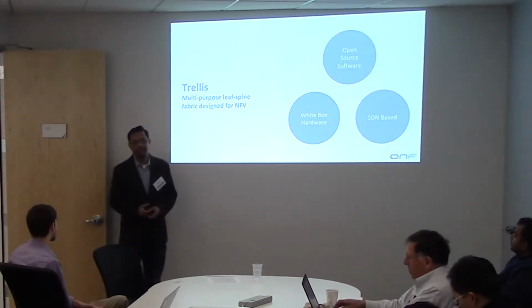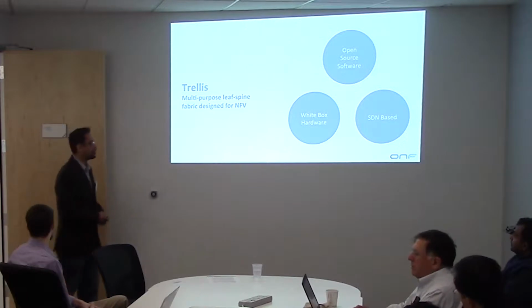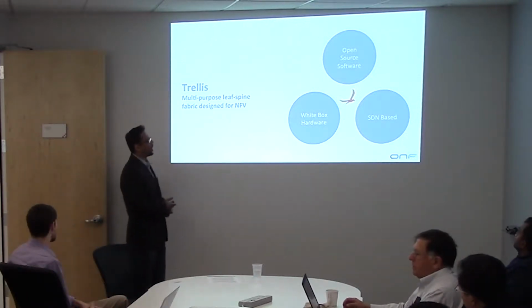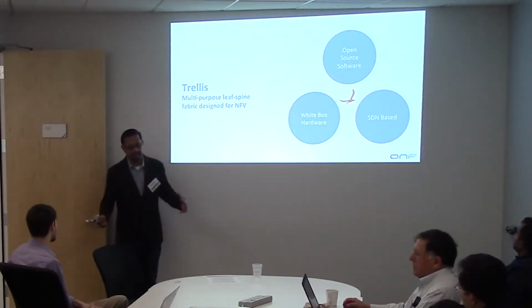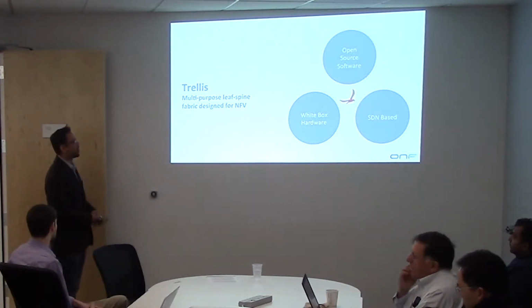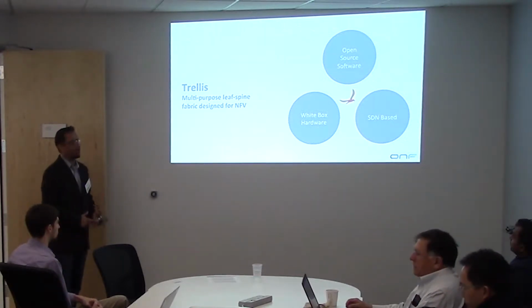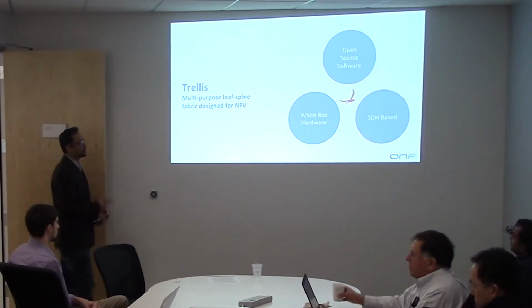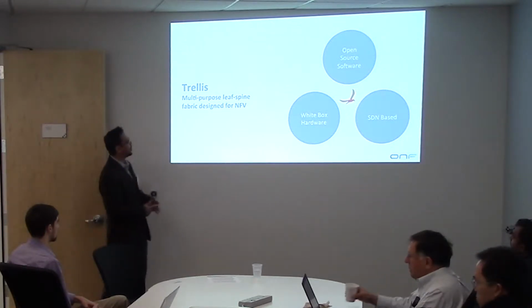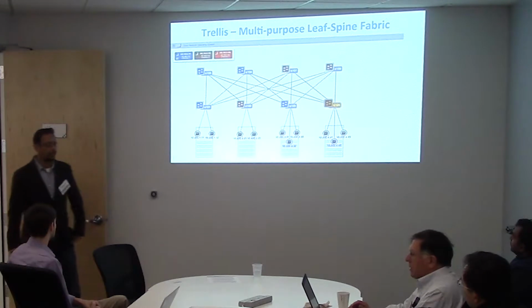And most importantly, it's also based on SDN principles. It's built on top of ONOS, and ONOS handles all the control, forwarding and configuration of the fabric. So 3 main principles: open source software, bare metal hardware based on merchant silicon, and SDN principles. And the key word over here is that it's a multi-purpose leaf spine fabric, and I'll tell you what I mean by that.